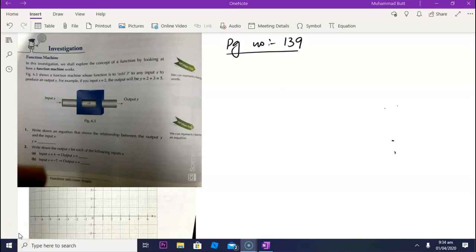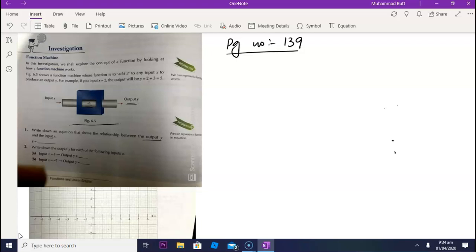Now let's try the example on page number 139. On page number 139 of your book, a function machine is shown to you, and the function of the machine is to add 3 to the input to get the output y. Question number 1 of the example states, write down an equation that shows the relationship between the output y and the input x.